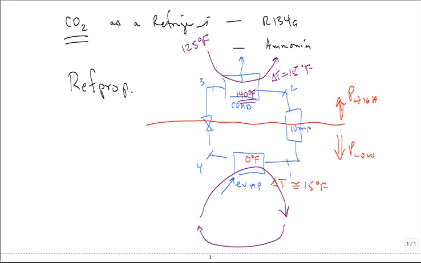So you kind of get a sense of these real delta T's that exist to make the heat transfer occur. So keep in mind something like 0 degrees F and 140 degrees F, okay, as our minimum and maximum temperatures, as we talk about CO2 as refrigerant.